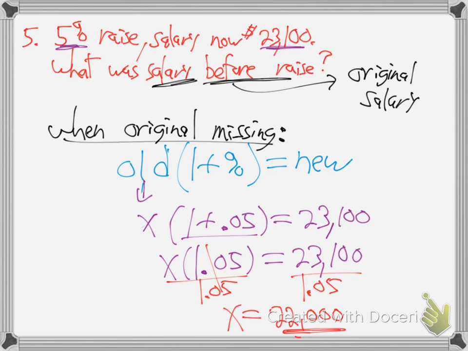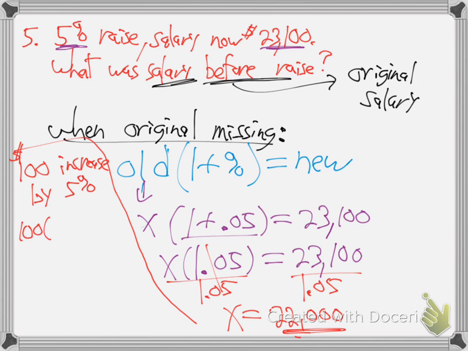So why do we do that 1 plus 0.05 thing? Well, think about whenever you want to increase a salary. Let's say we have just a $100 salary, and we want to increase it by 5%. You would take the 100 times 0.05, and that would give you $5.